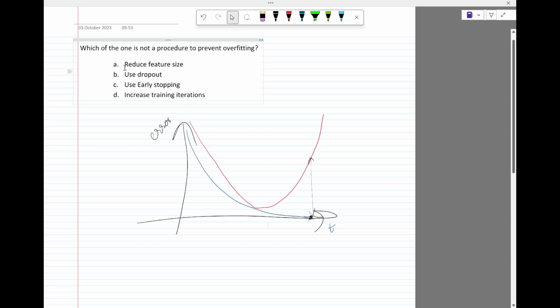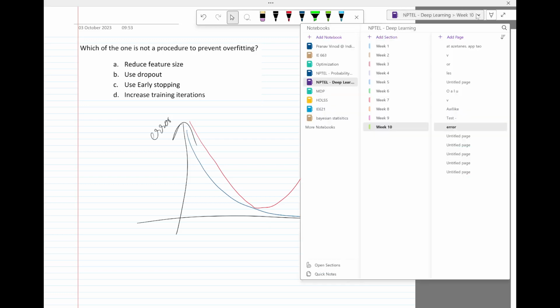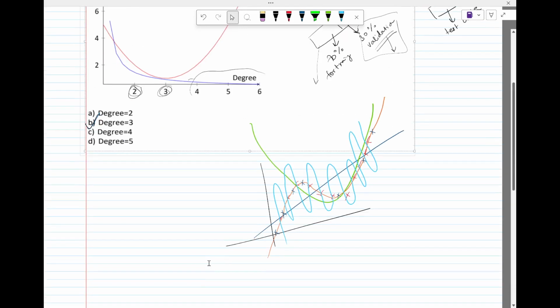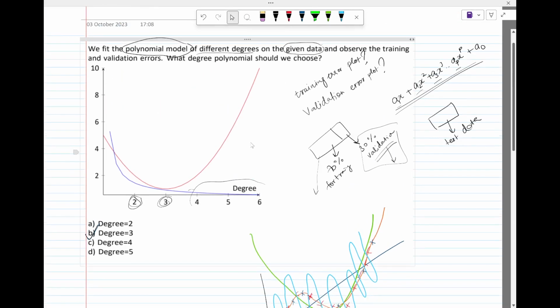So reducing feature size. Reducing feature size means you are using very simple models. If you look at the first example where I had discussed, these red are my data points and my features are polynomials of different degrees.